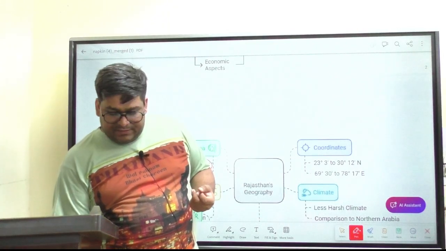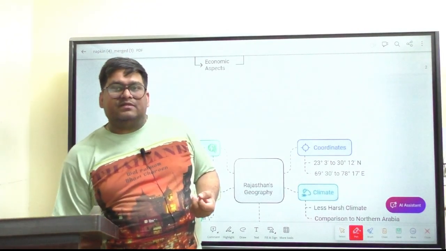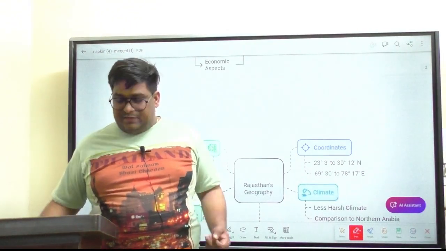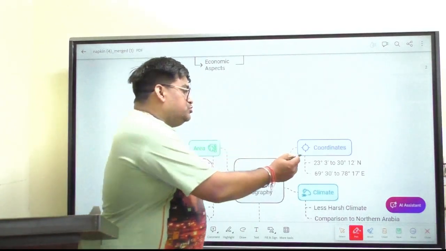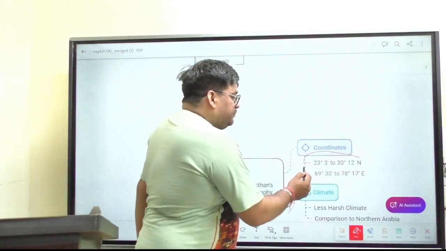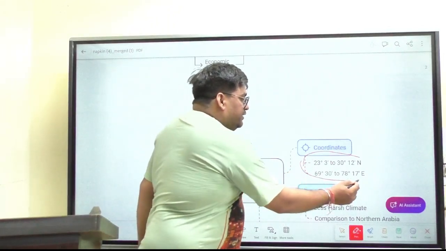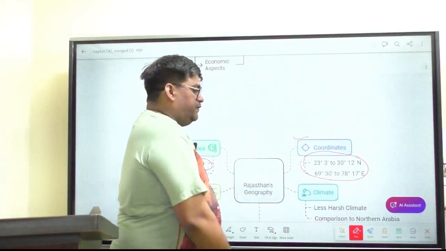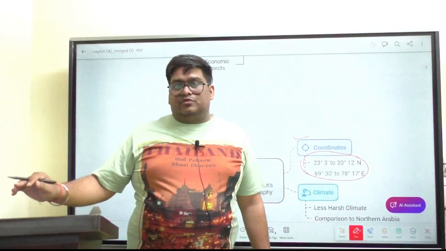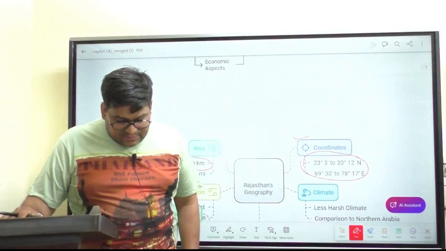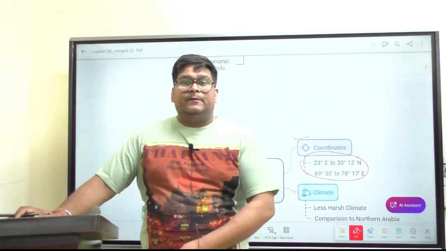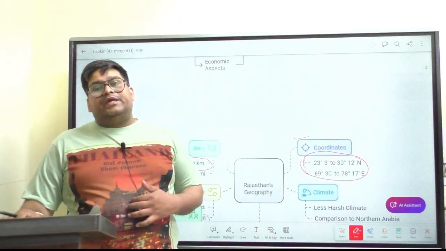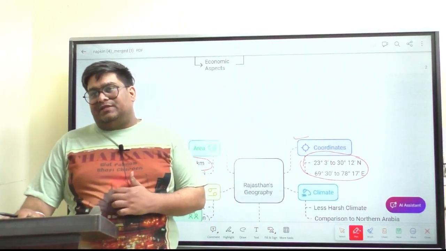That means it lies in the eastern hemisphere. This is a very important geographical aspect of any particular region. In terms of climate, Rajasthan has a harsh climate, as it is located in the arid and semi-arid region.